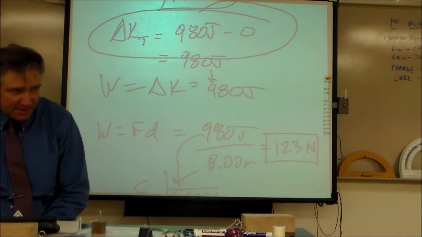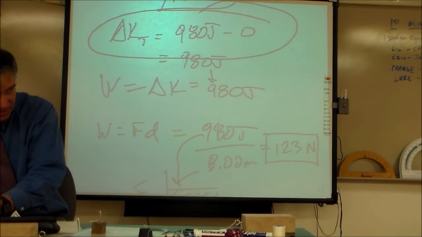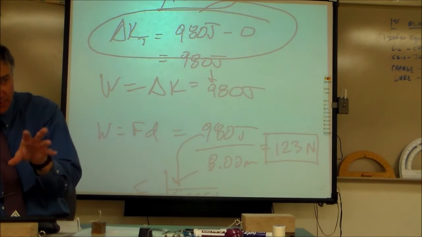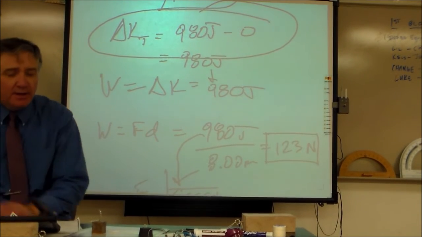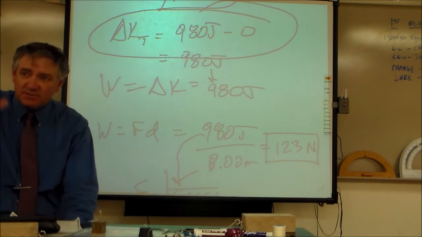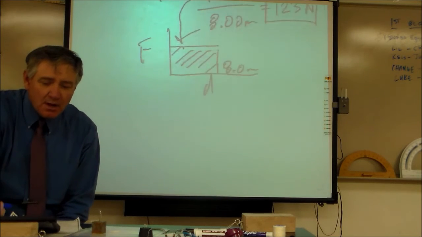Nothing. Absolutely nothing, right? Because the car is still going from 0 to 14 meters per second. What is vital here is that you keep track of what you're holding constant and what you're changing. So there's still going to be 980 joules of work done, and still a 980 joule change in the kinetic energy.